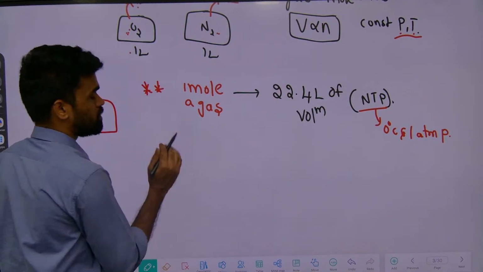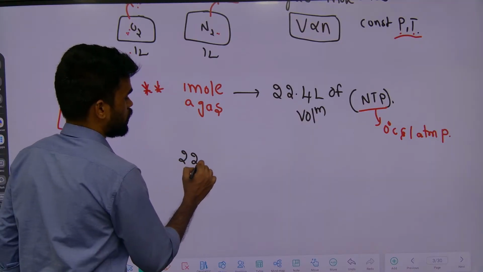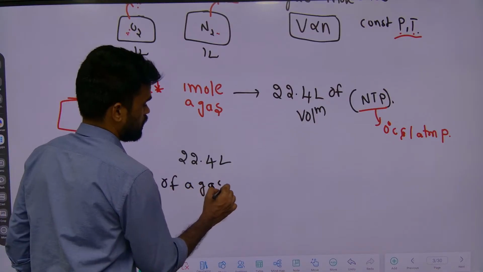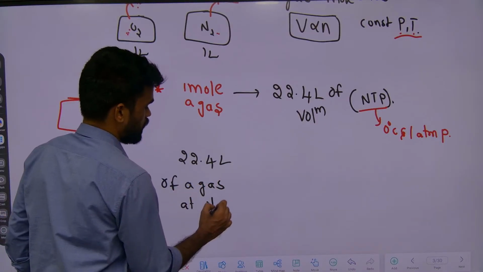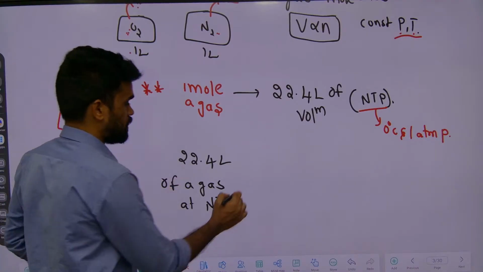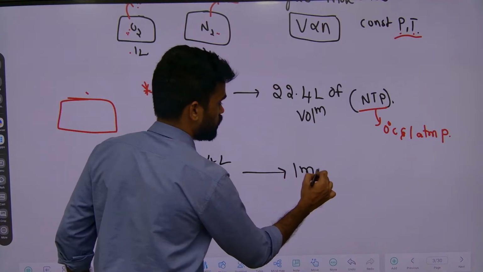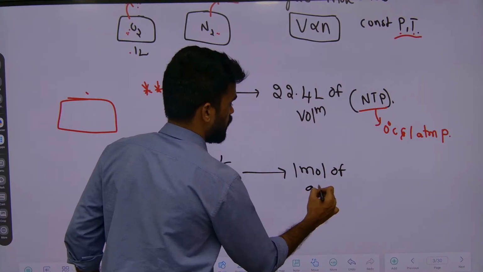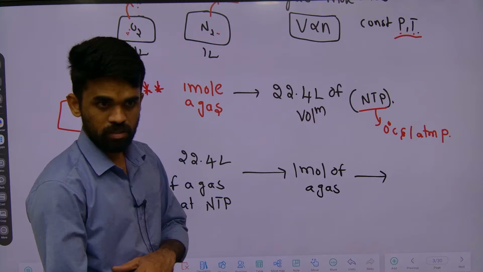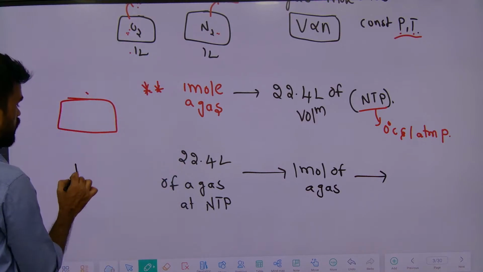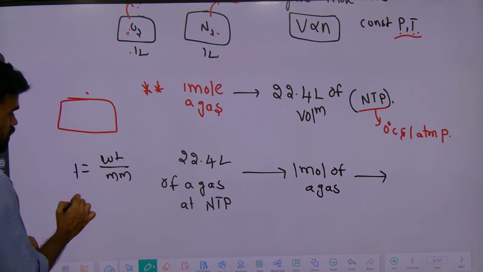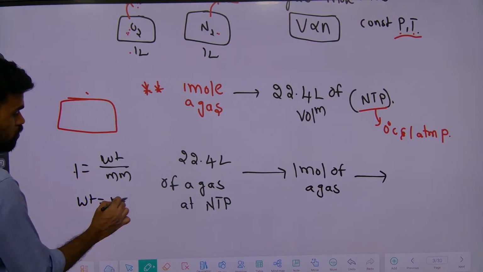So all the time, just remember like this: 22.4 liters of a gas at NTP. If they mention it, what should be the thing in your mind? It is nothing but 1 mole of a gas. 1 mole of a gas, its weight equals moles times molar mass. So if it is 1, weight will be equal to molar mass.